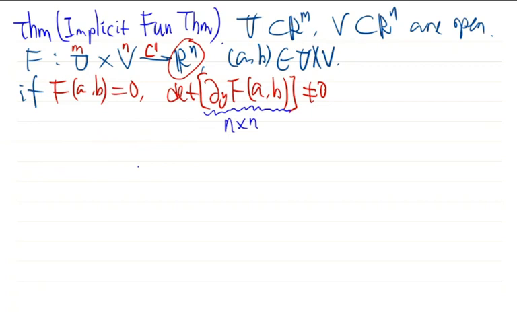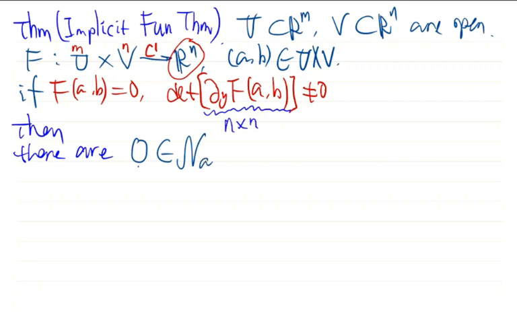Then the conclusion. What's the conclusion? Then there are an open set O in Rm containing A. That is, O belongs to this notation we introduced when we studied the inverse function theorem.